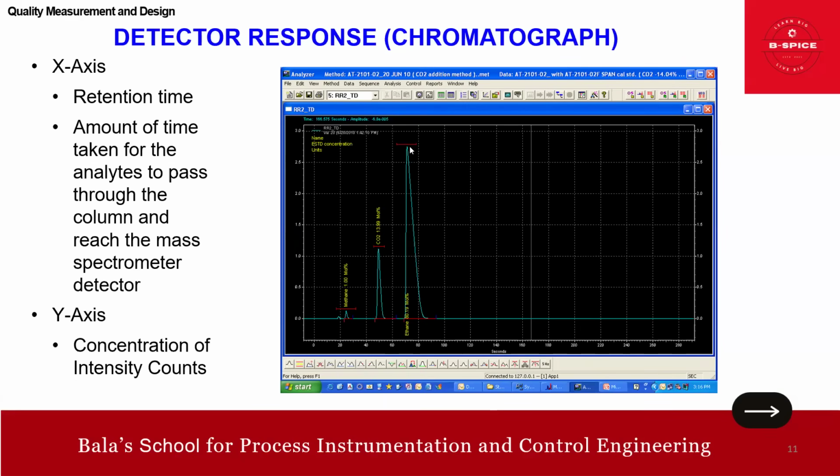This is the peak, and this is how we do the measurement. To repeat, the y-axis is the intensity of the count, and the x-axis is the retention time.